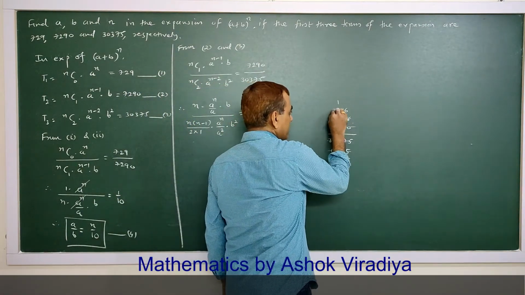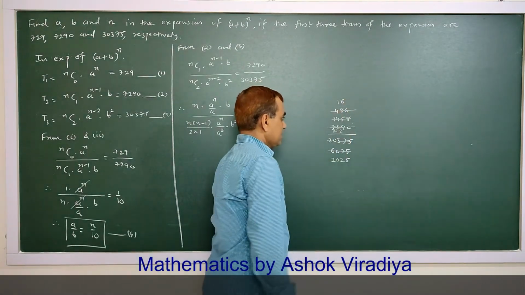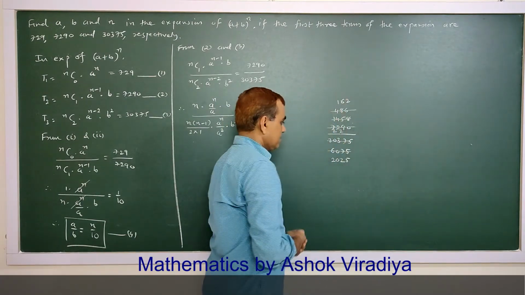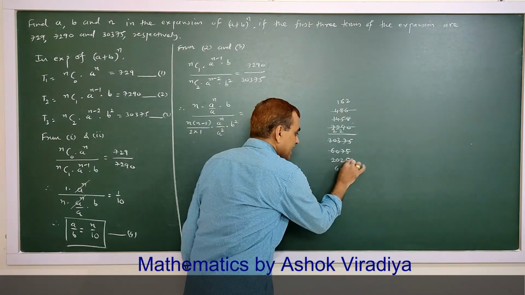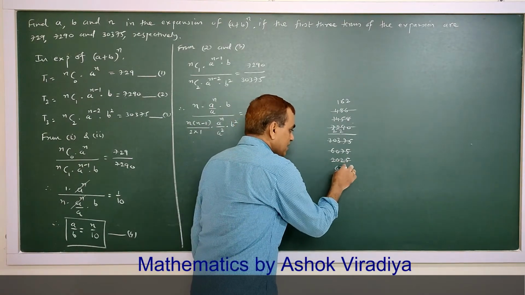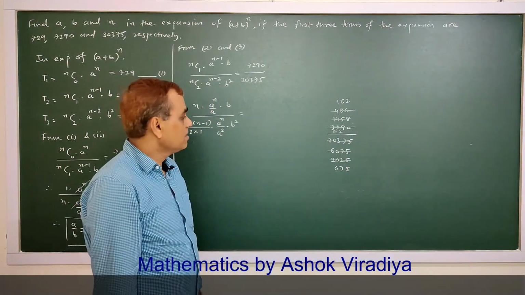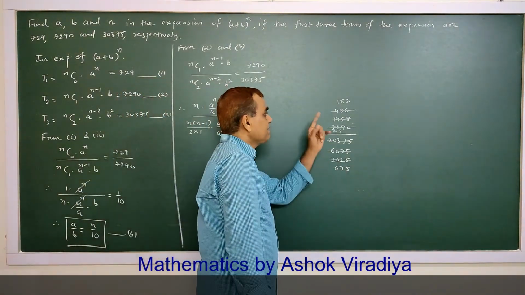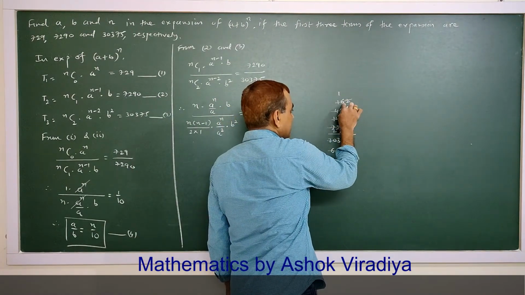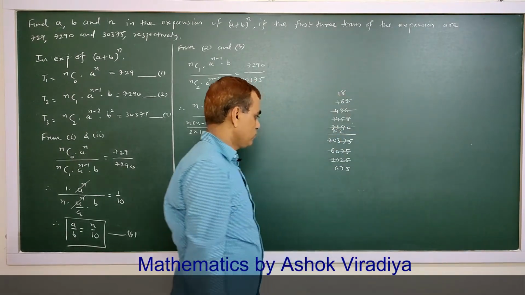So 1 into 3 is 3, 6 into 3 is 18, 2 into 3 is 6. Here 6 into 3 is 18, 7 into 3 is 21, 5 into 3 is 15. So divisible by 9. 1 into 9 is 9, 8 into 9 is 72.